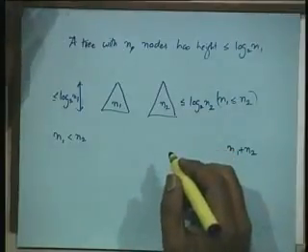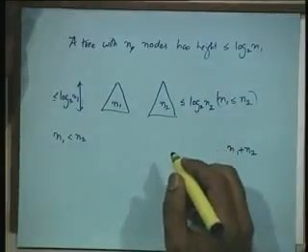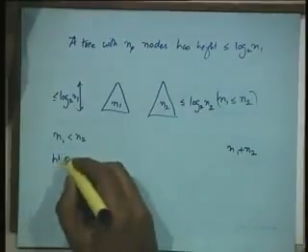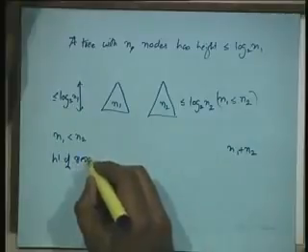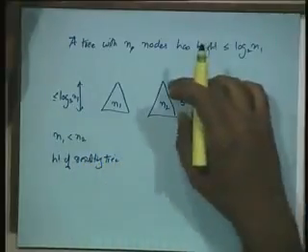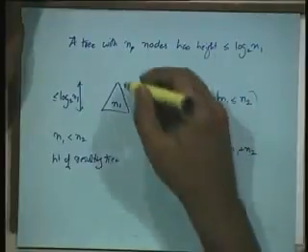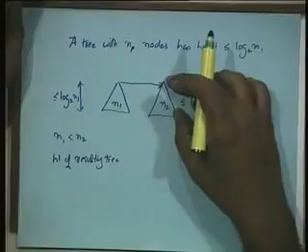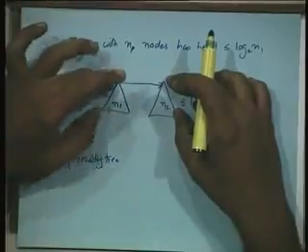The height could be, so height of resulting tree is either the height of this tree. So we have done this. It's either the height of this tree or it is the height of this tree plus a 1.